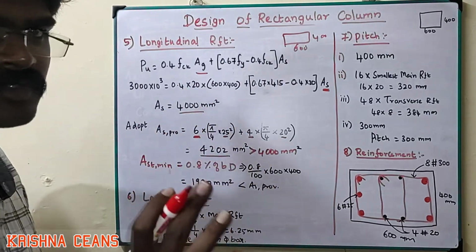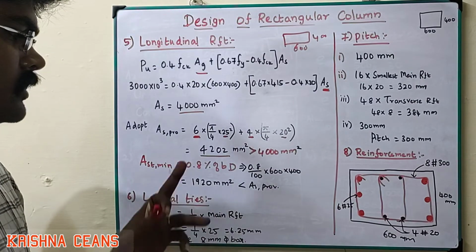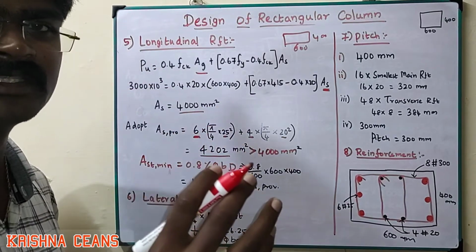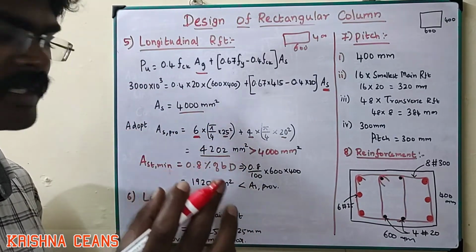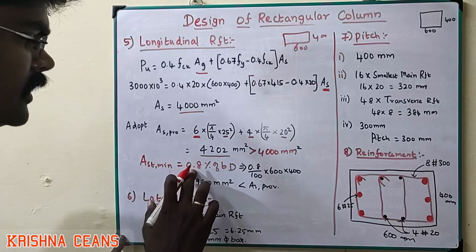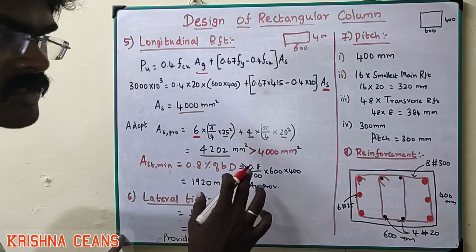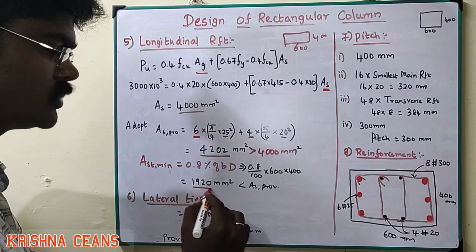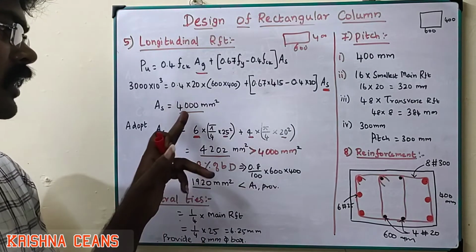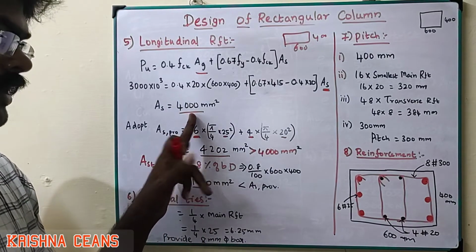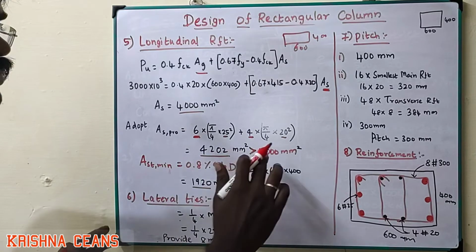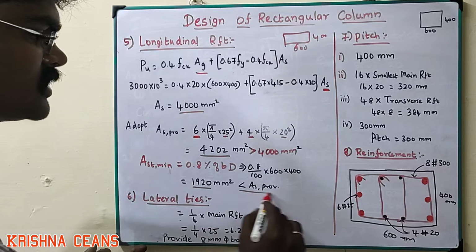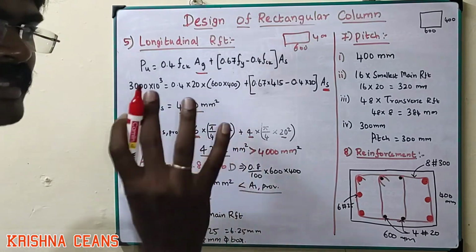We also check the Ast minimum. We know 0.8 percent is the minimum and the maximum is 6 percent. 0.8 percent of the cross section is 0.8 divided by 100 into 600 into 400, which is 1920 mm square. That is enough, and we provided 4202 mm square, which is more than the minimum, hence it is satisfied.